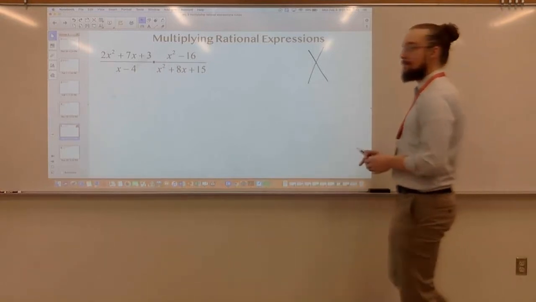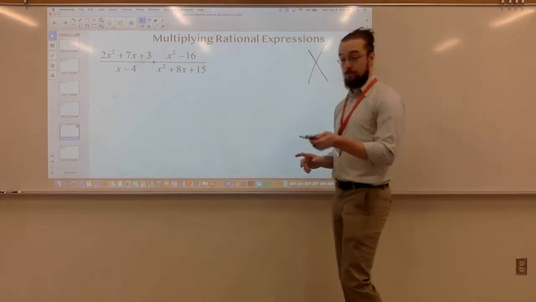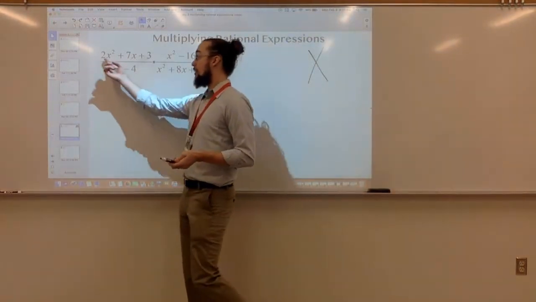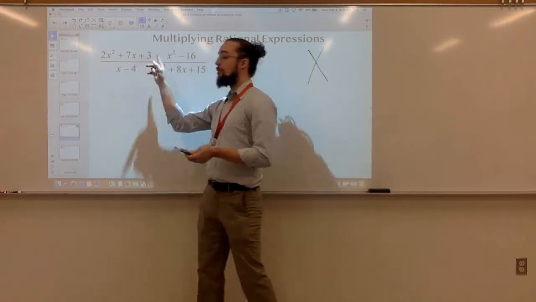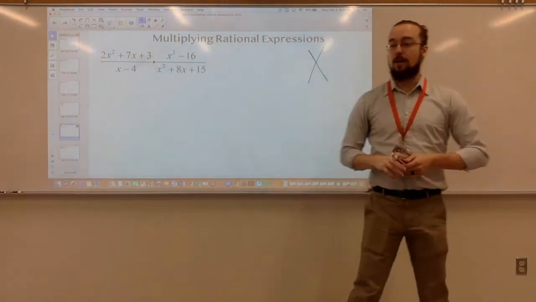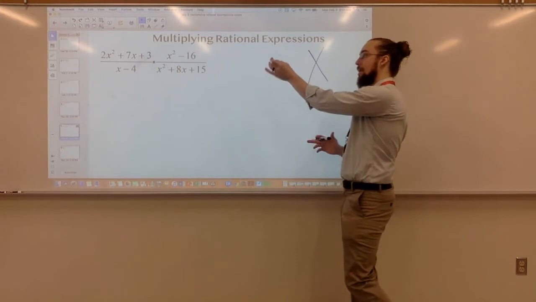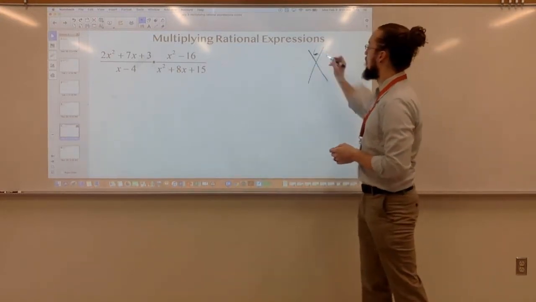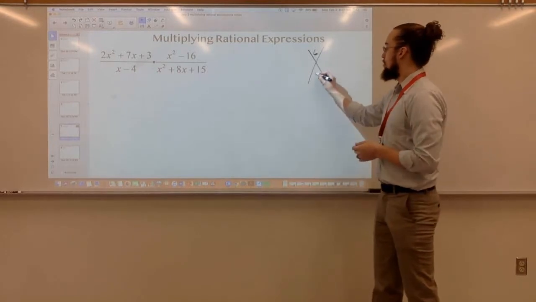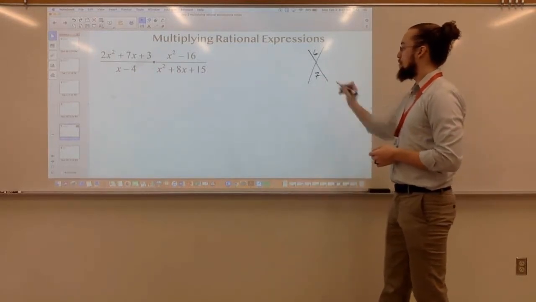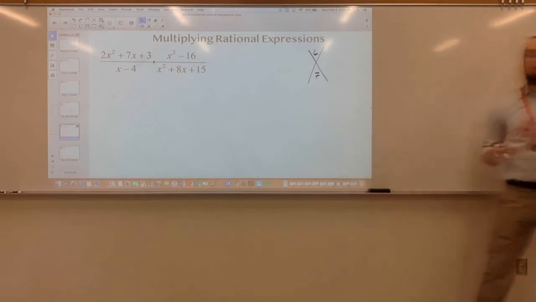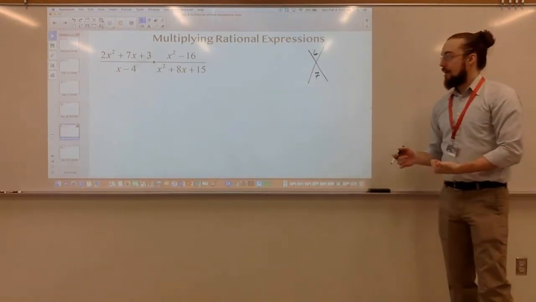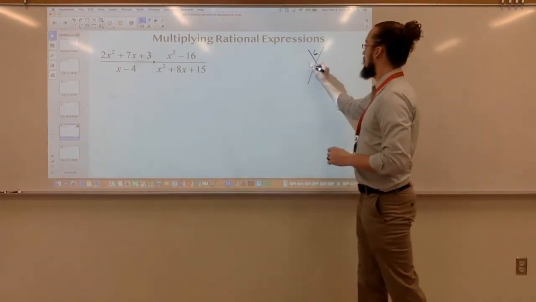There's no GCF, so you just have to x factor. First thing we want to do is look for a GCF. There is no GCF between 2, 7, and 3. So to x factor, multiply a and c, the first number and the last number. 2 times 3 is 6. Put b down here, which is 7. I want two numbers that multiply to 6 and add to 7. It's going to be 1 and 6.